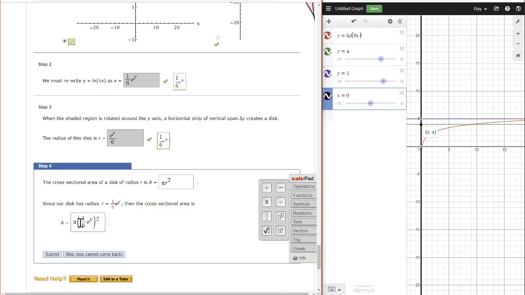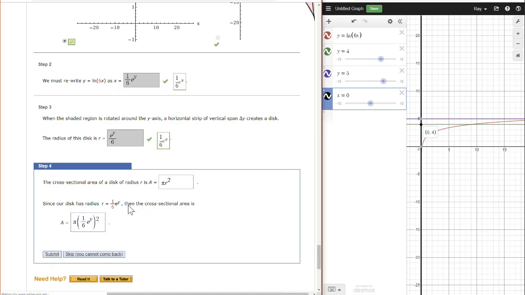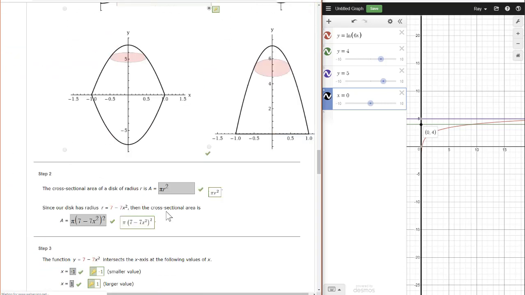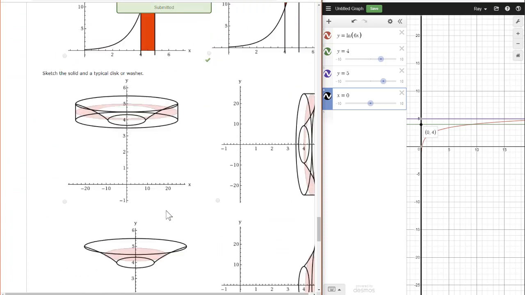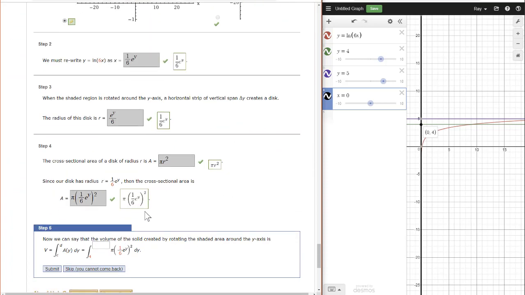Now we could probably square this, so that's going to be pi over 36 e to the 2y, which is probably what they're going to end up with because they like to simplify things. And the simplified version might look a little bit nicer and neater to deal with. Or maybe they didn't simplify it and they just left it as it was.